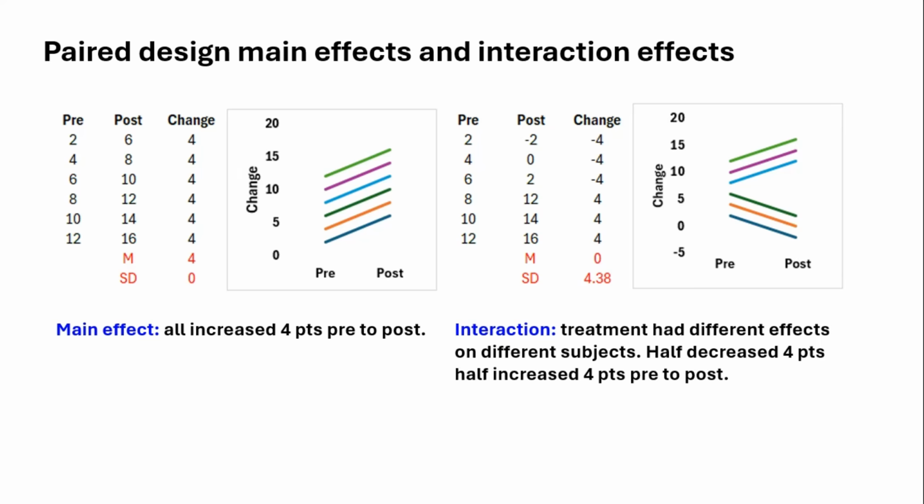There's another thing you can do. There's an index that you can compute using the standard deviation of the change scores. So if you look right here, over here on the left again, where I have the arrow, you can see that the standard deviation here is 0, giving us this pure main effect type of a pattern there. And you can see over here we have a standard deviation of like 4.38.